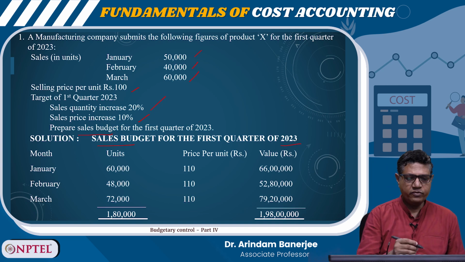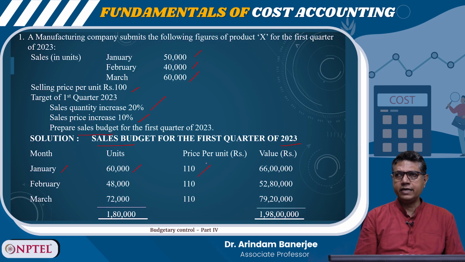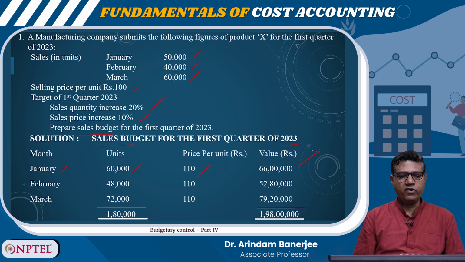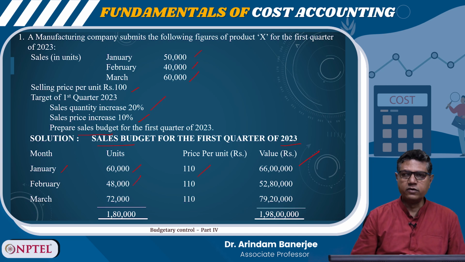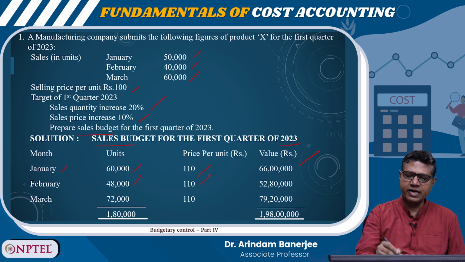Fine. So, we can prepare it like this. For January, the units are 60,000. Price per unit is 110. If I multiply 60,000 by 110, it comes to 66 lakh. For February, the total number of sales is 48,000, and price per unit is the same, 110.